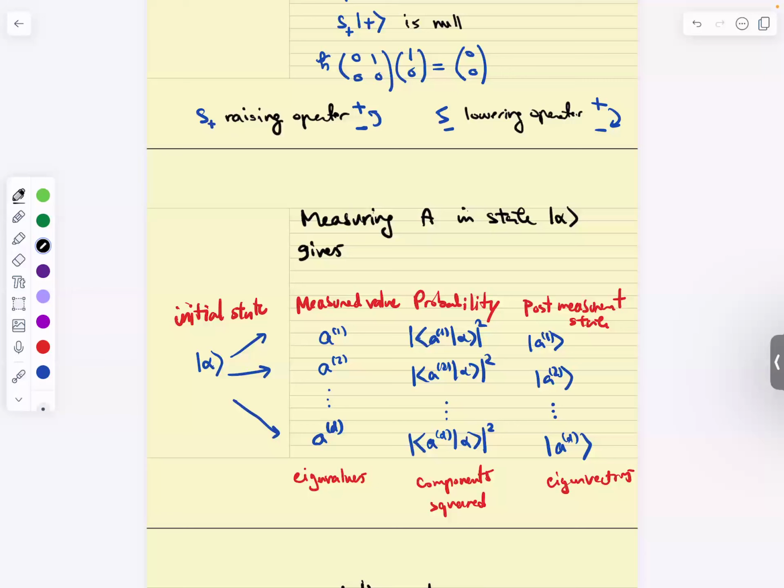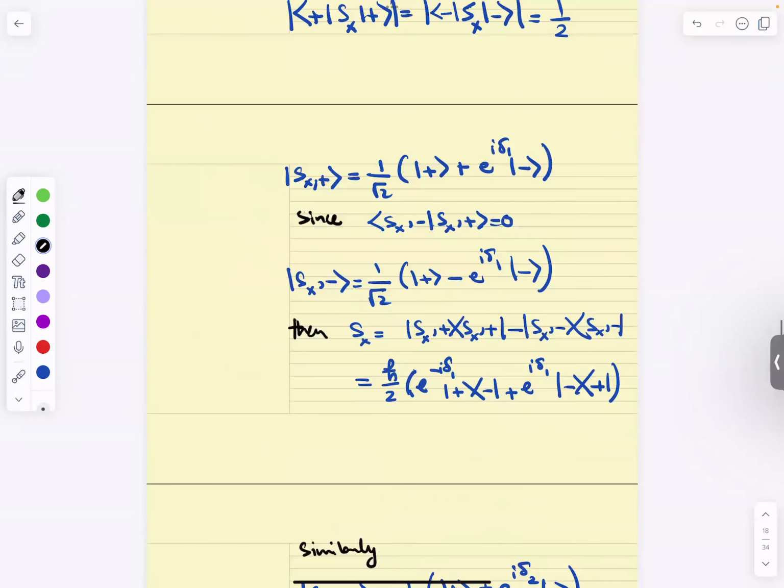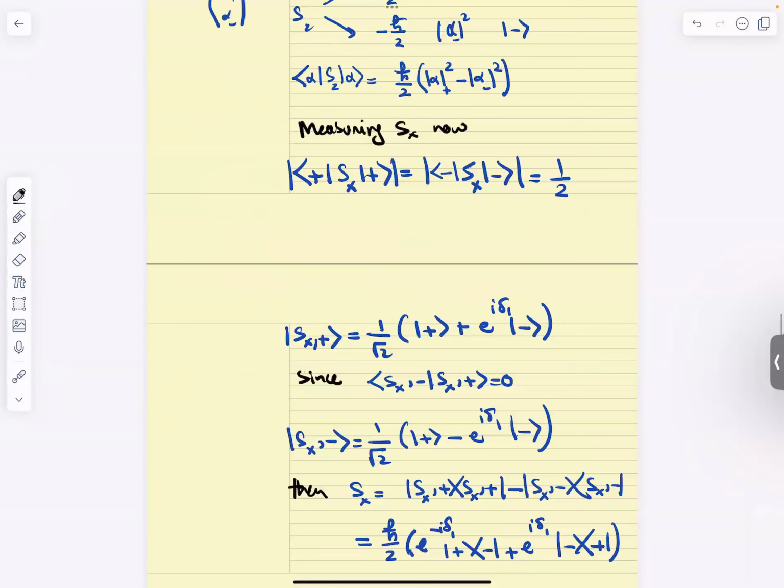I'm wondering, the last example you just did, why it ended in equaling 1/2. Let's do this. So what is the SX observable? I haven't explained this. That's the issue.